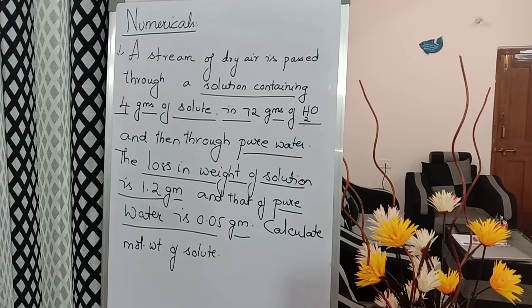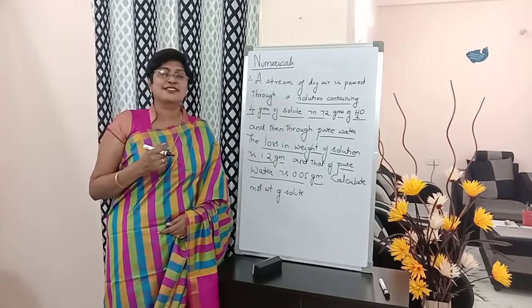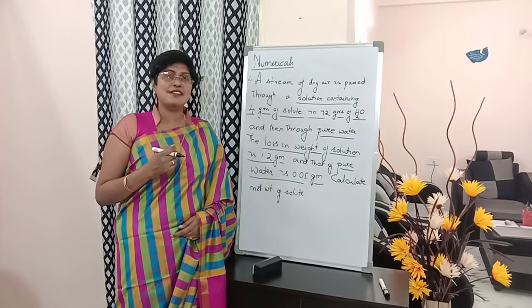A stream of dry air is passed through a solution containing 4 grams of solute in 72 grams of water and then through pure water. Next, the loss in weight of solution is 1.2 grams and that of pure water is 0.05 grams. Calculate the molecular weight of solute. Have you noted down the problem?